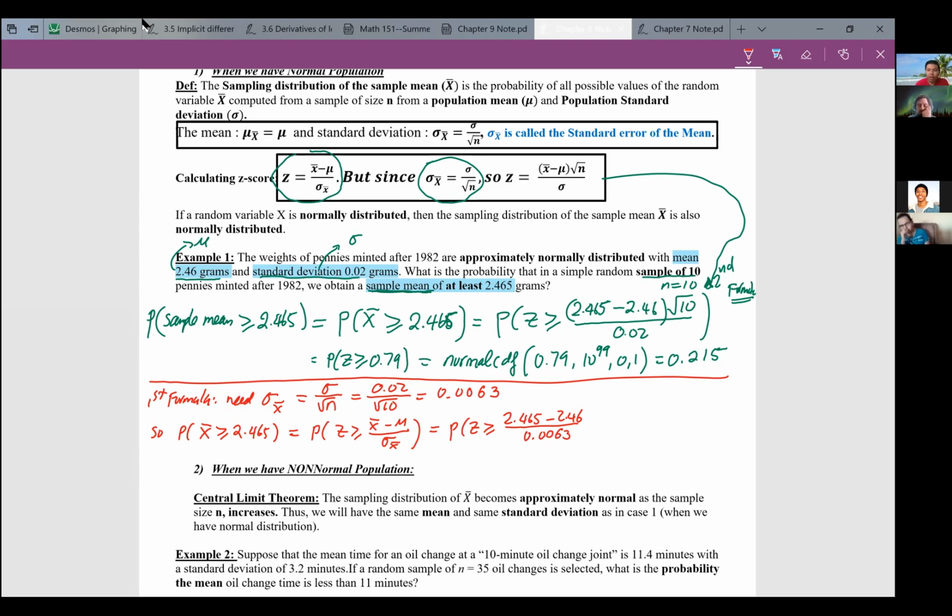Right, we're still getting probability of z bigger than 0.79.